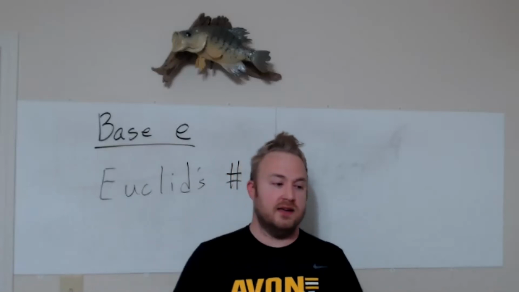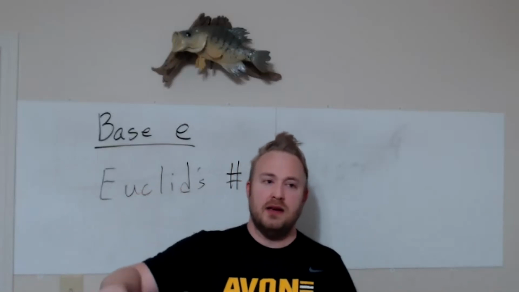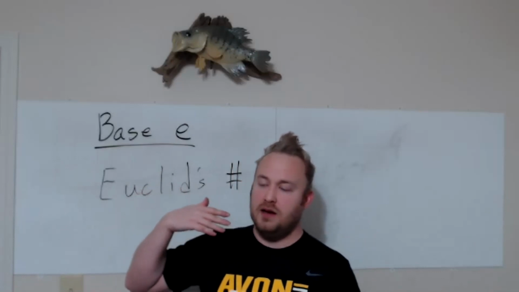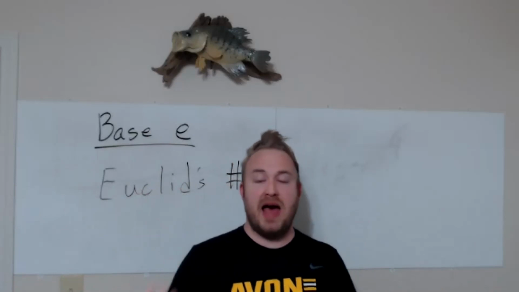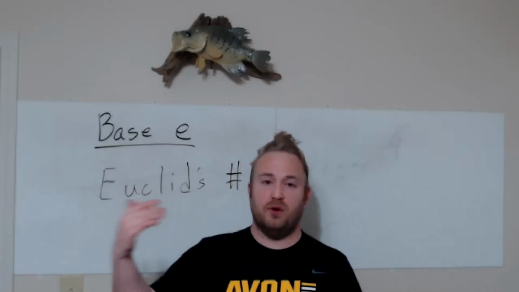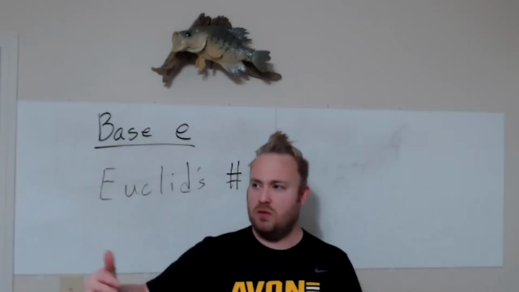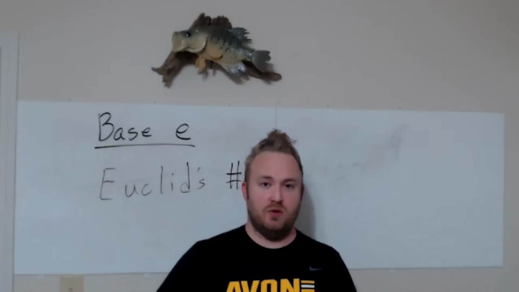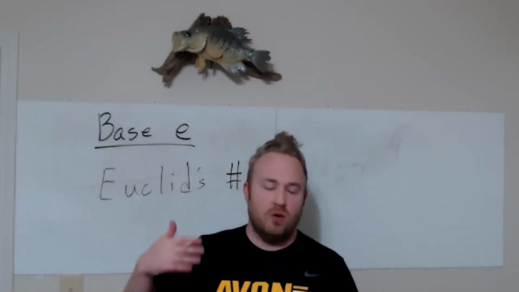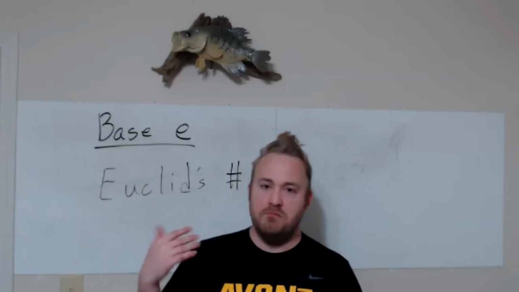It kind of is, if you think about compound interest. If you put $1 in the bank, and let's say your bank gives you 100% interest, but instead of compounding that interest every year, they don't compound it every year. We've done compound interest in Algebra 1. They don't even compound the interest every month. They don't even compound it every week, or every day, or every hour, or every minute, or every second, or every millisecond.